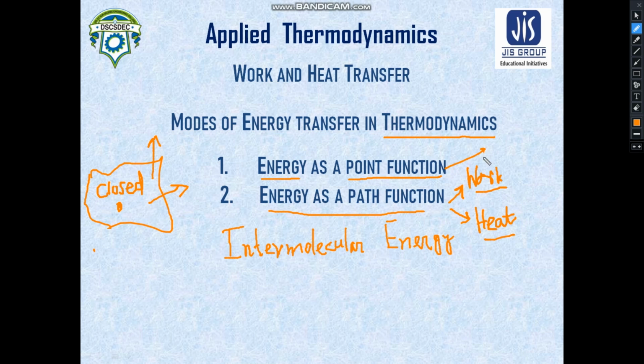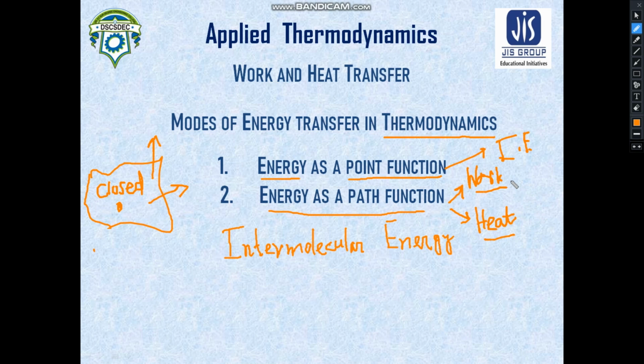So this is for internal energy or intermolecular energy, whereas the energy which takes place through the boundaries, that we call energy in transit. This type of energy can be broadly classified into two categories: work transfer and heat transfer.